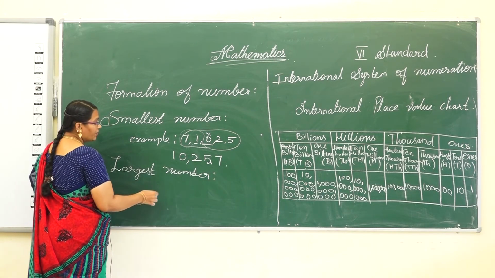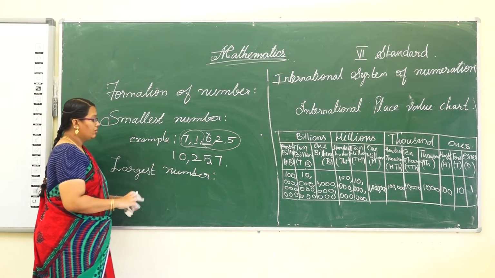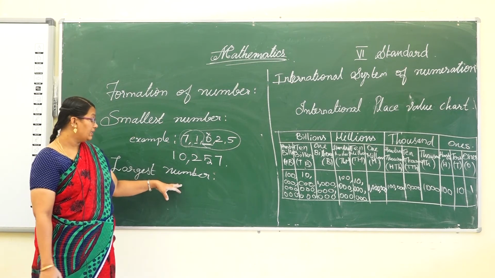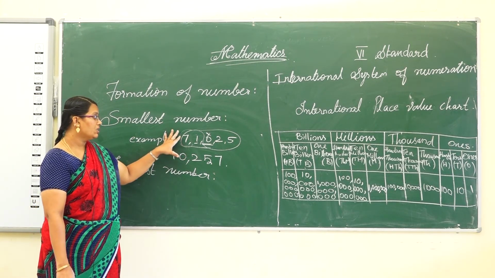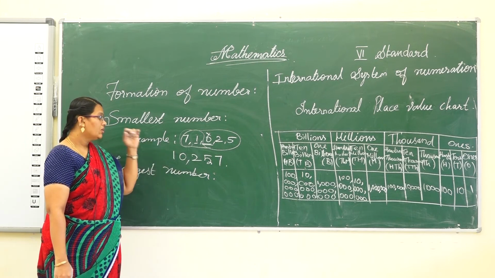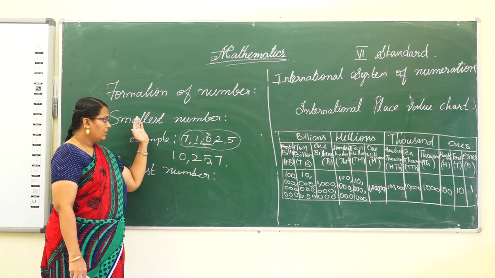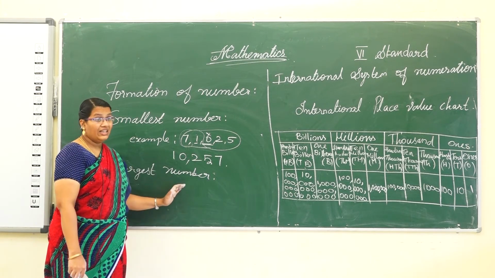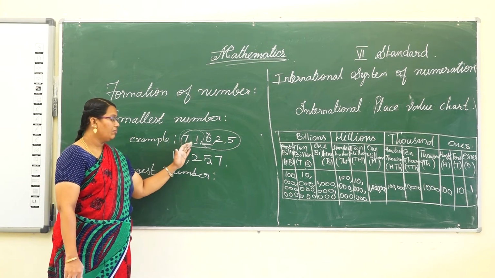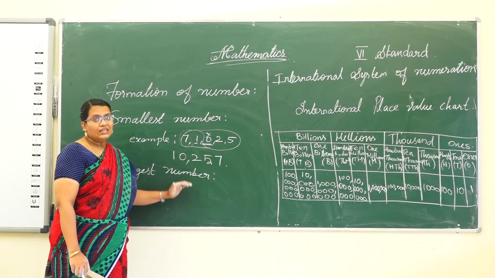To find the greatest number using these given digits, write the given digits in descending order.